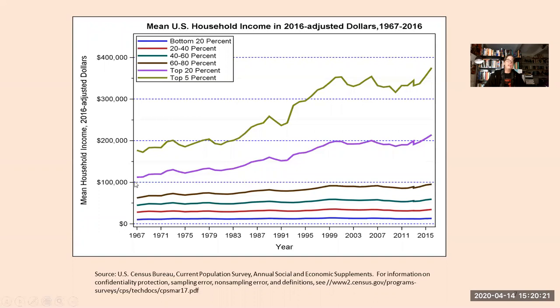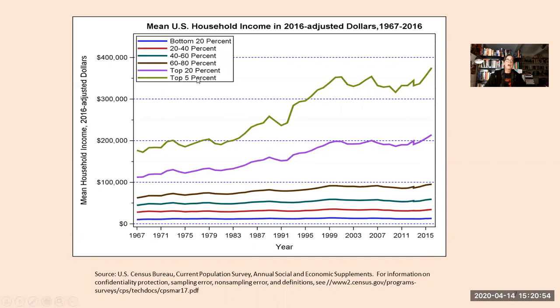Inflation is just an increase in prices that makes the value of your income gradually decrease over time if you don't get an increase in your income. So 110,000 roughly in '67, over 200 in 2015. That's almost a doubling of income over that period of time, when most other groups, 80%, have seen little or no increase in real income.